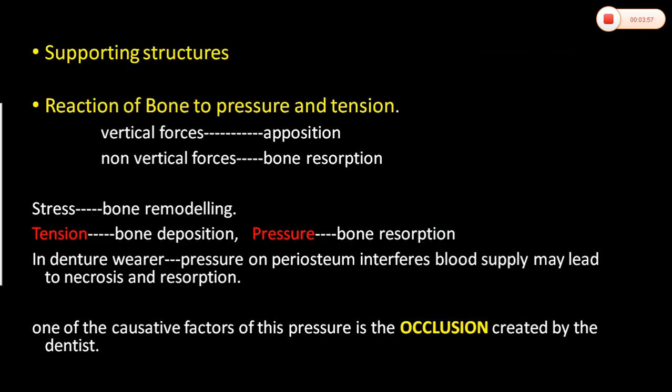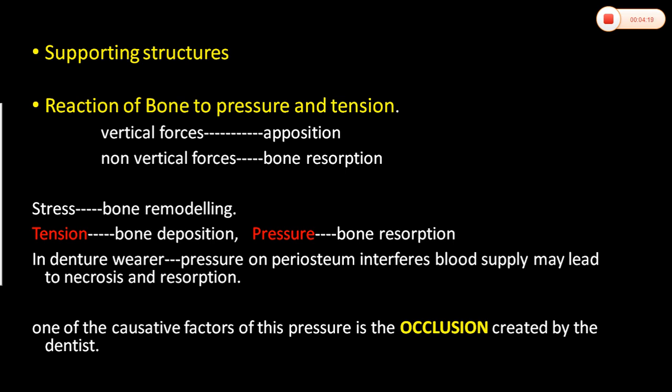Now, we have seen the difference between the natural dentition and artificial dentition, right? The artificial dentition, the occlusion or the teeth arrangement done on a removable denture base, is known as artificial dentition or artificial occlusion.